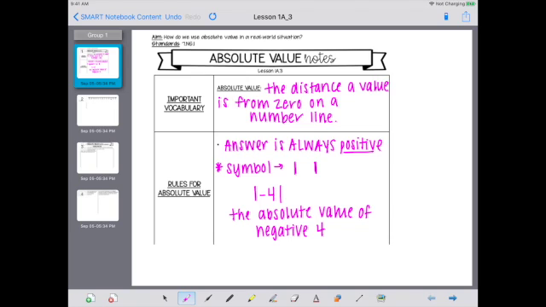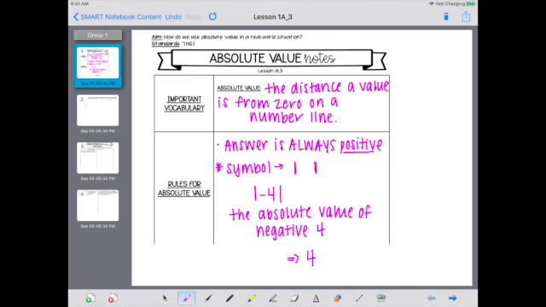If you're looking for the absolute value of -4, your answer, again, is going to be positive. There are some exceptions. We're going to go over those later on in the video.